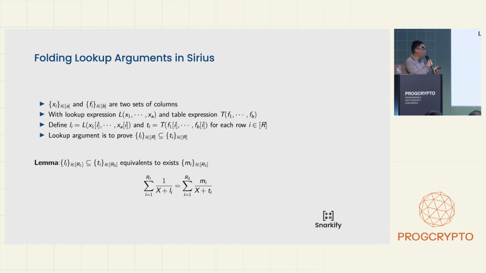I think Lion already explained the intuition. Here, I just explain my intuition. Assuming one of the L_i does not belong to the right set, it means the left-hand side has a pole at negative L_i, but the right-hand side doesn't have a pole. So this equation can never be satisfied. This is just a simple intuition.